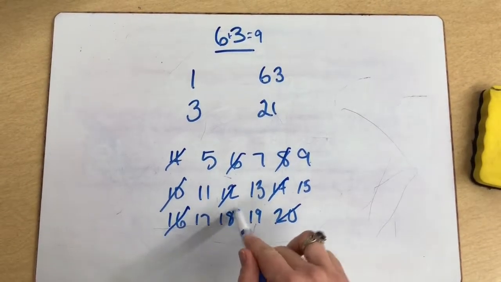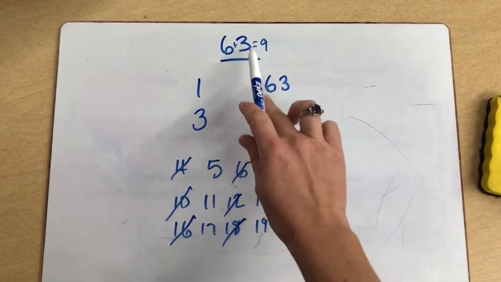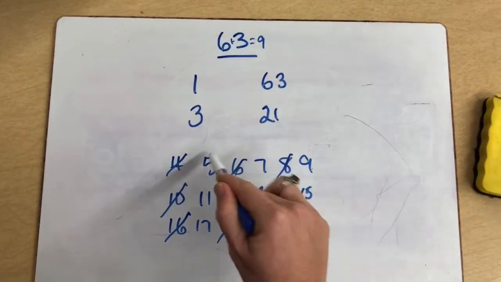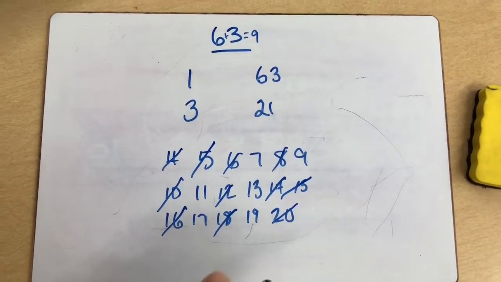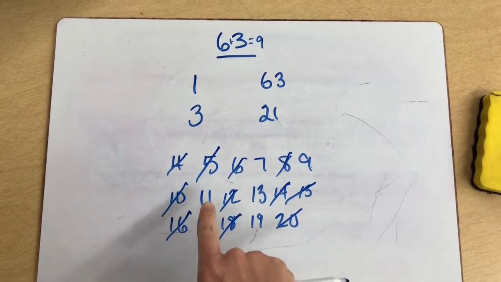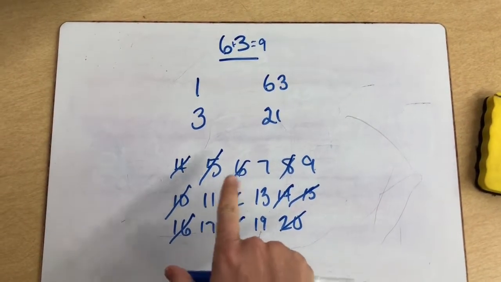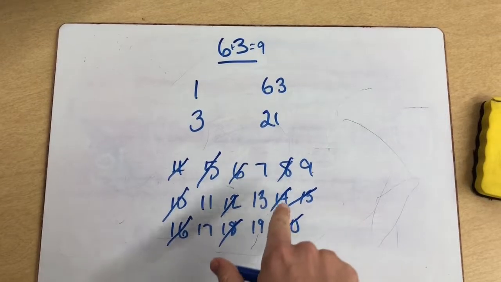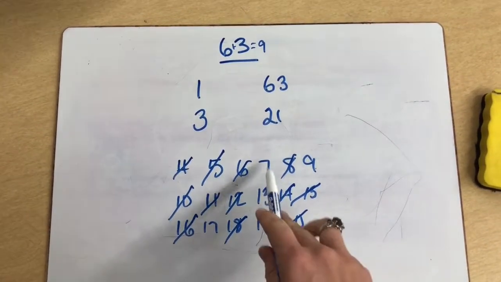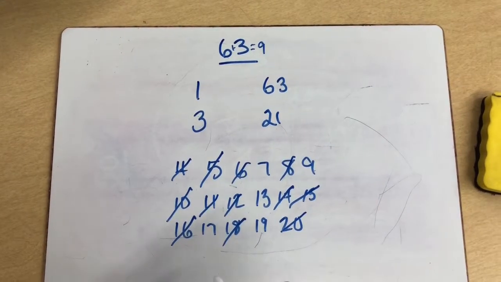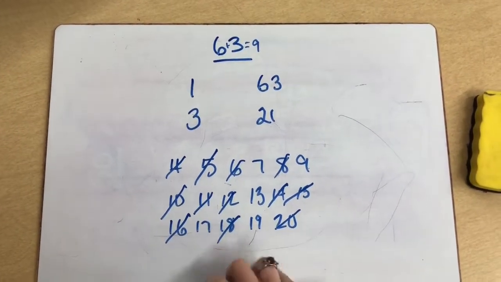Wow, look at how many I've been able to cross off. Does this end in a 5? No, so I can cross out 5 and 15. 11s are fun. 11, 22, 33, 44, 55, 66. Oh, skipped right over it. That one didn't work. All right, it looks like I'm going to have to try some out in here. 7.